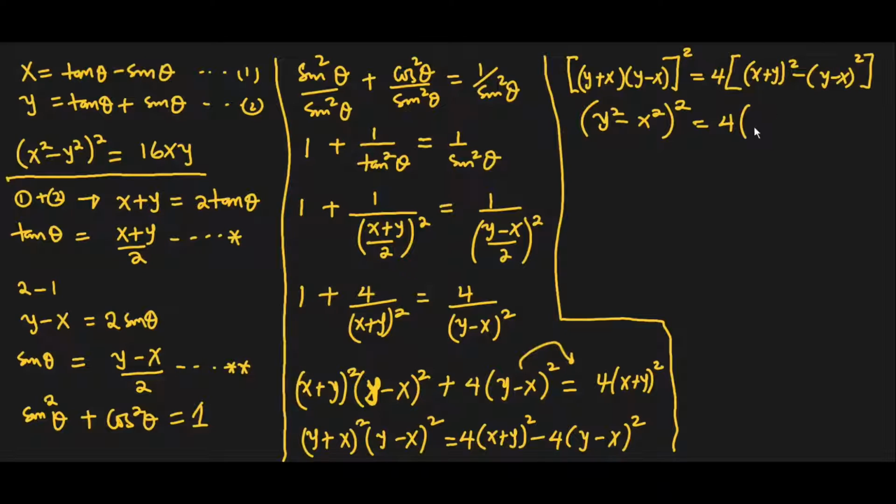So again, I would say that this is a difference of two squares, such that we have the first bracket plus the second bracket, so we will say that this is (x plus y plus y minus x), that's the first bracket, into the second bracket, which is this minus that, so it's going to be (x plus y minus y plus x), and so that's what we have.